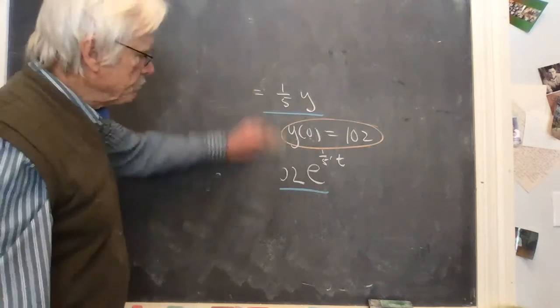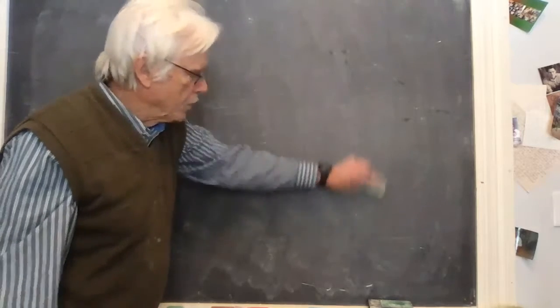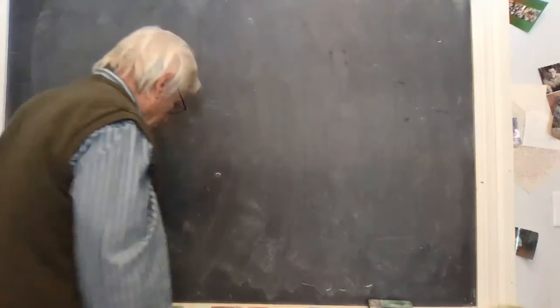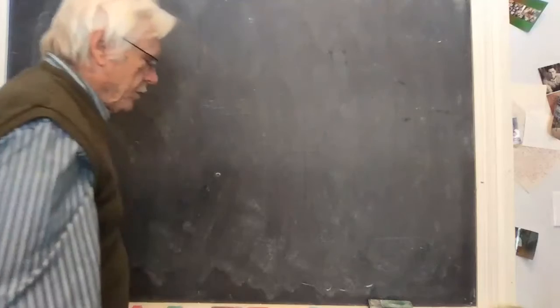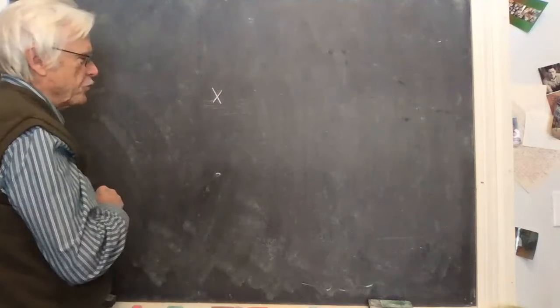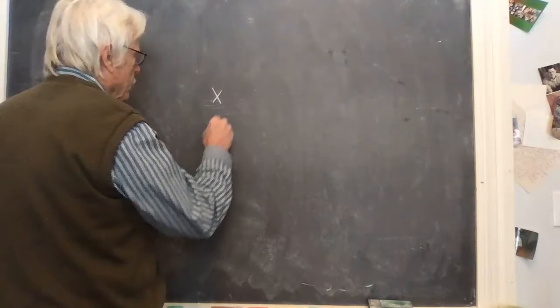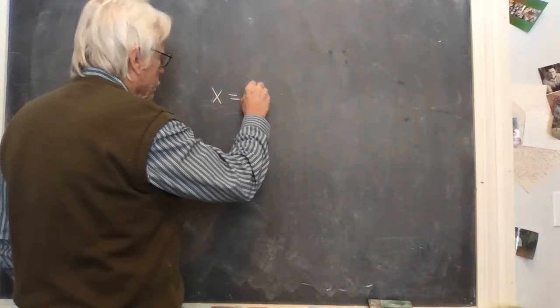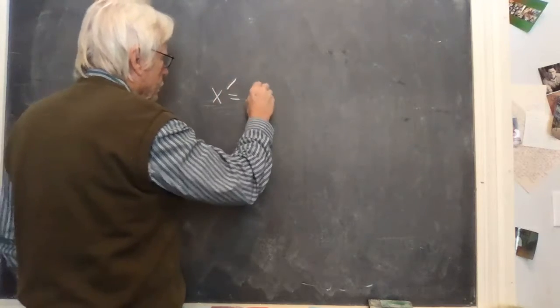Now, a more sophisticated problem, but maybe before we do this, let's just say that we will generally use x's for our variables. So we'll have x prime is equal to 3x.